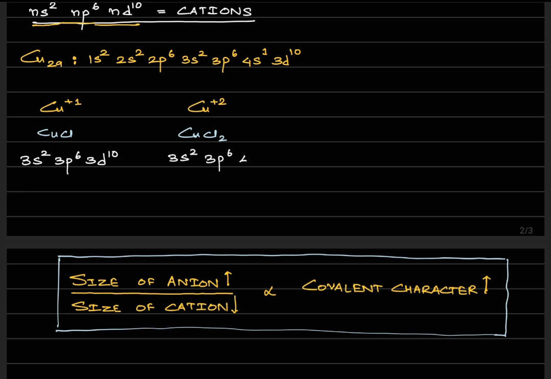3p6, 3d9. Okay, now if you just notice over here, 3s2, 3p6, 3d9, this is not a noble gas configuration. So over here I would say that this is not a pseudo noble gas configuration.